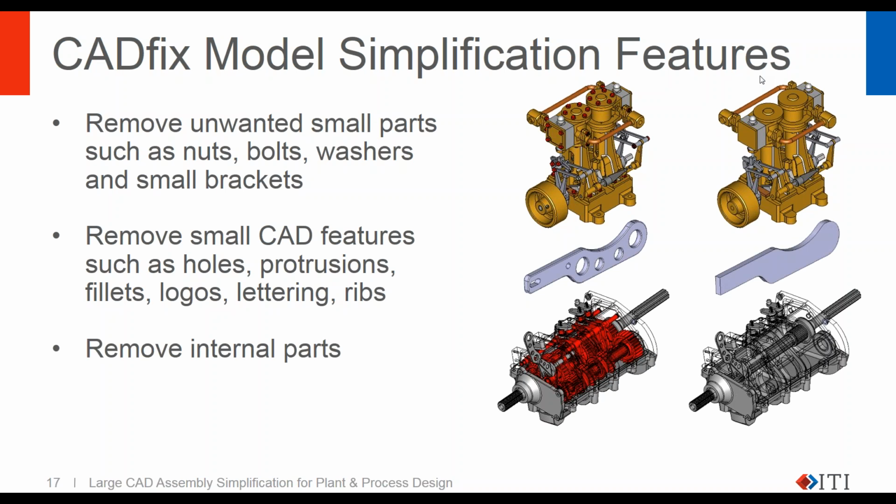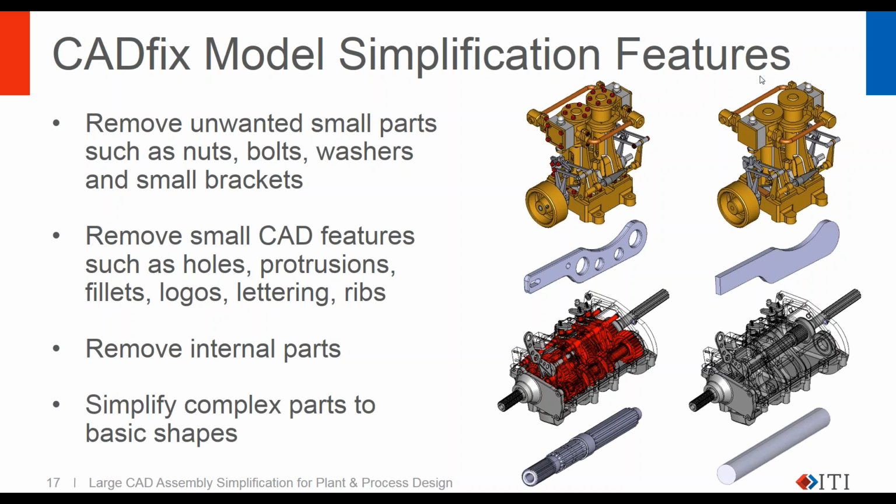You could have a large engine, a large generator full of all of the internal mechanical parts. You just don't want to see them because they're unnecessary data to translate and to represent in the plant design system. You just want the outer envelope of it. And then there'll be other parts that are fairly complex structures that could be represented by basic primitives like cylinders, cones, spheres, prisms. So we've got tools to do that.